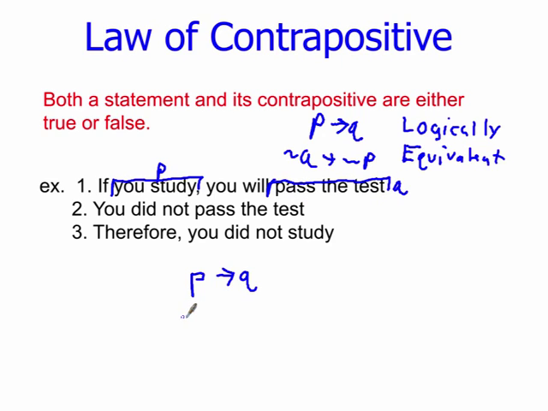Well, that's not Q. So based on the law of contrapositive, we can say therefore you did not study, not P. Not Q implies not P. That is the contrapositive. By the law of contrapositive, if P implies Q, then not Q implies not P. They have to either both be true or both be false.